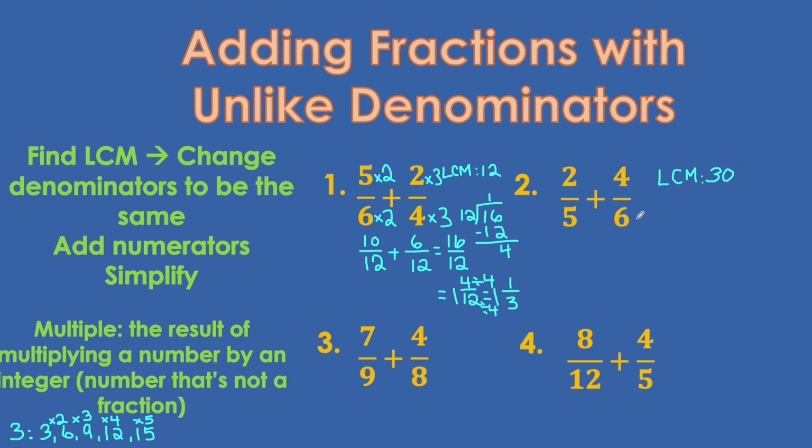Now we find our least common multiple, change the denominators to be the same. So we're going to multiply this by 5, multiply the bottom by 5, then we multiply the top by 5. And then let's convert this other fraction.